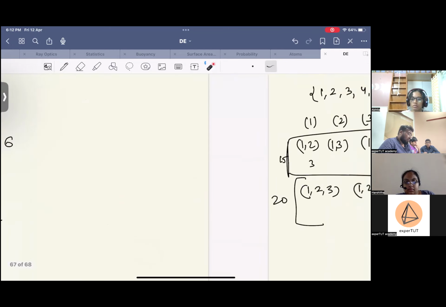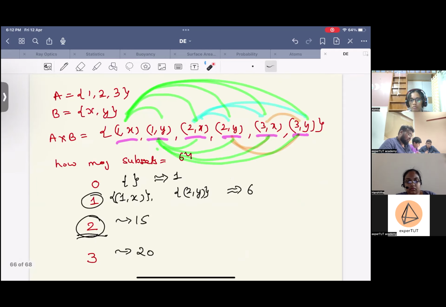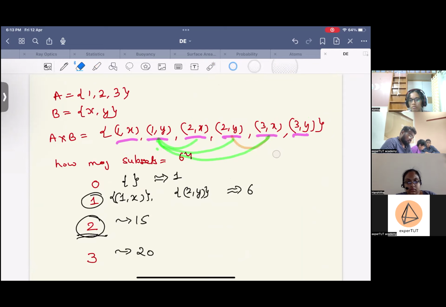Now see, we said that any relation from A to B is a subset of A cross B. So I will write, so let's take this up.